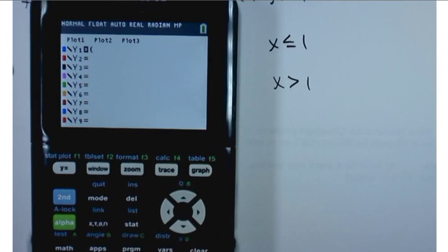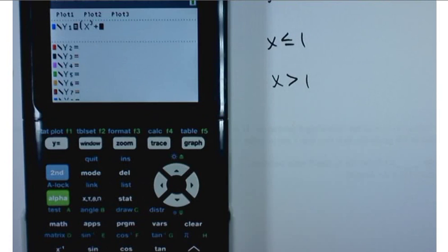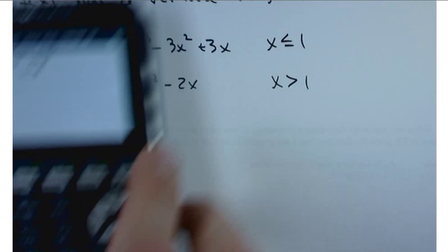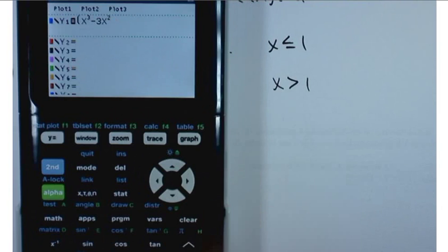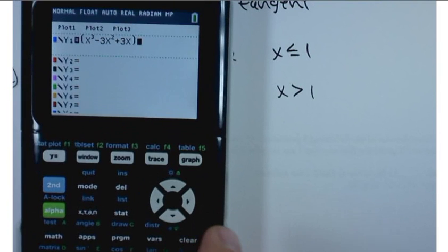Use a left parenthesis. Let's put that whole piece in parentheses. So x raised to the third power minus 3x squared plus 3x. But I don't want that for all values of x, do I?